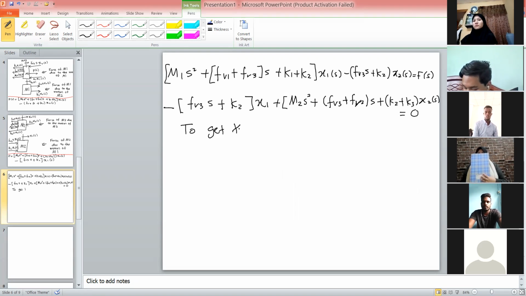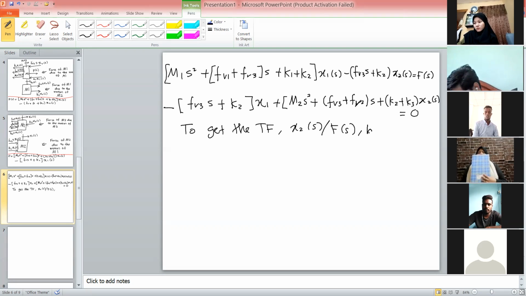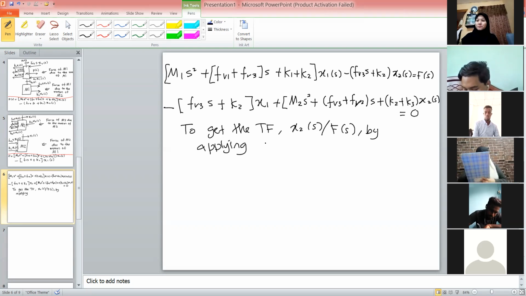To get the transfer function, which is X2s over Fs, we need to find this transfer function by applying Cramer's rule.